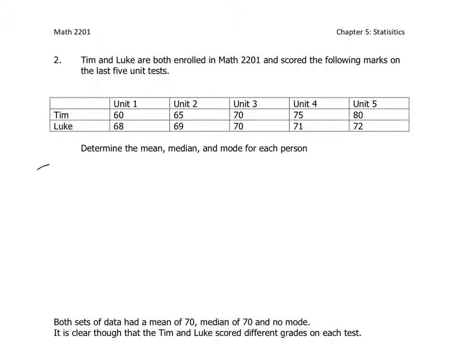So for Tim, the mean would be 60 plus 65 plus 70 plus 75 plus 80, all divided by 5, since there are 5 pieces of data. That sum divided by 5 is 70.